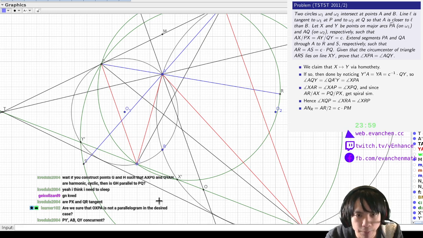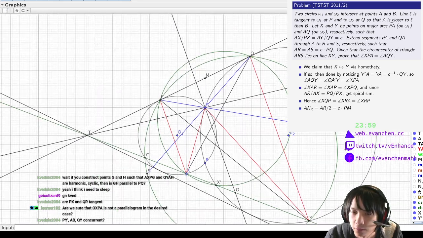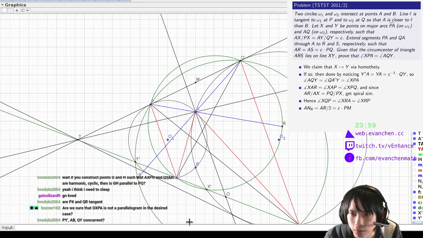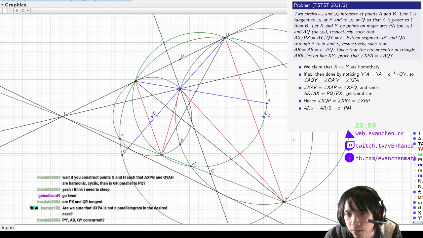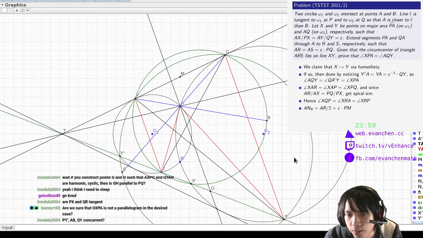PY', AB, QY concurrent. Yes, by radical axis. So you're saying I should draw that there? Okay. I mean, yes, but what does that do?